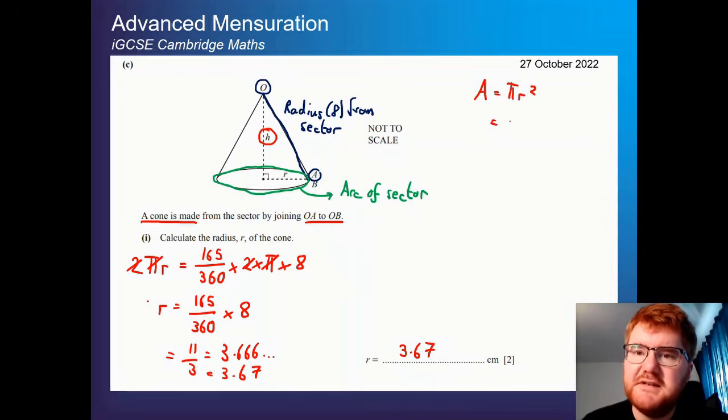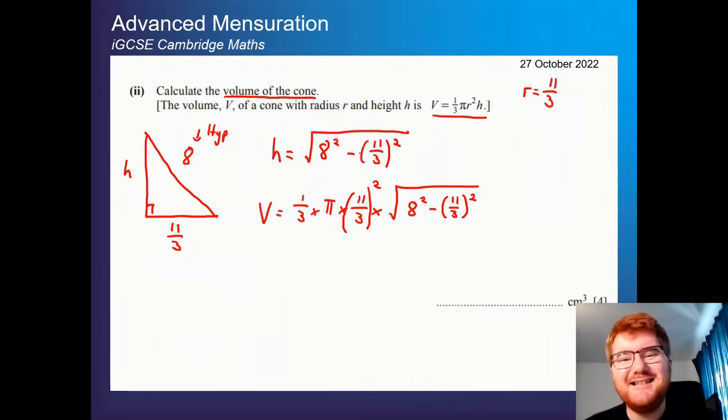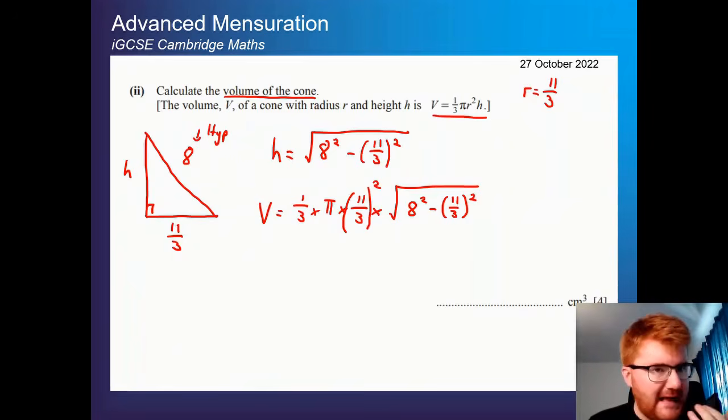So again, I'm doing an estimating approach here. This is roughly 3. This is also roughly 3. And then this gives me 27 just for the base alone. So getting the answer that I did, because I'm going to times it by a height, that doesn't sound reasonable. So if that's happening to you, then you need to go through the formula and go, okay, where did I make the mistake? And the mistake here was forgetting to square the 11 over 3.